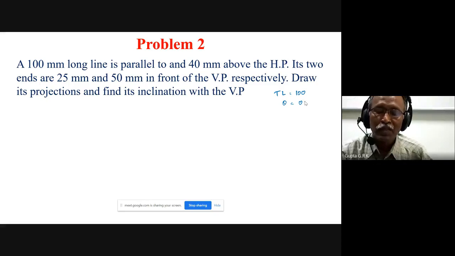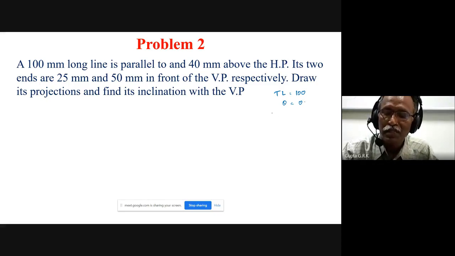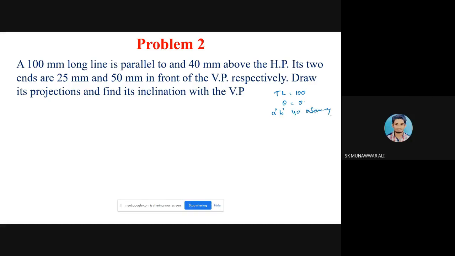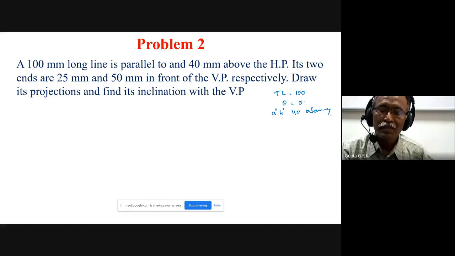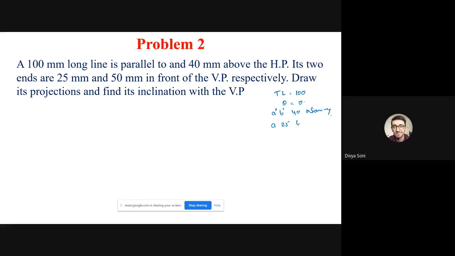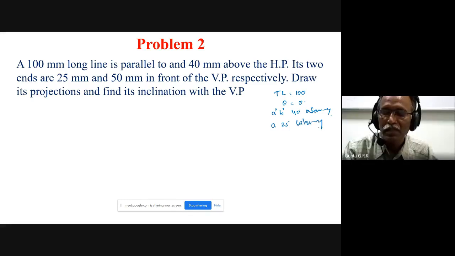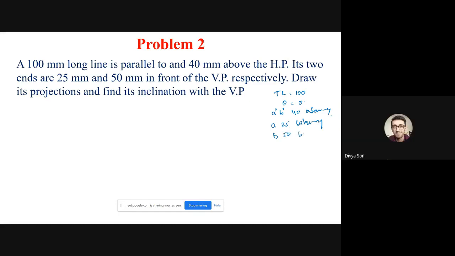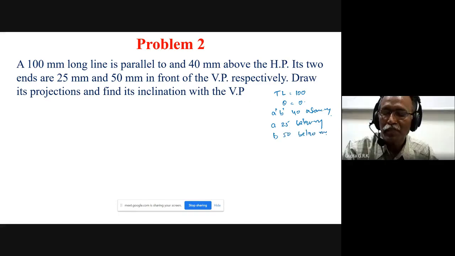And 40 above HP means A dash, B dash are 40 above XY. And then the two ends are 25 mm and 50 mm in front of the VP, which means A is 25 below XY and B is 50 below XY.